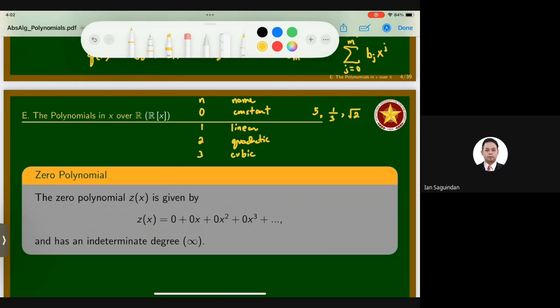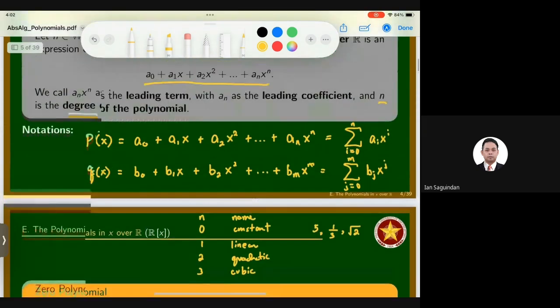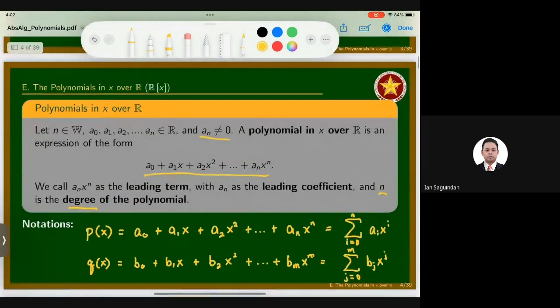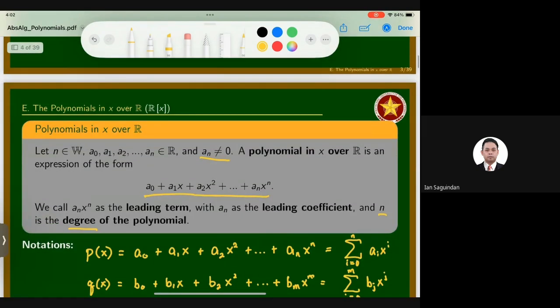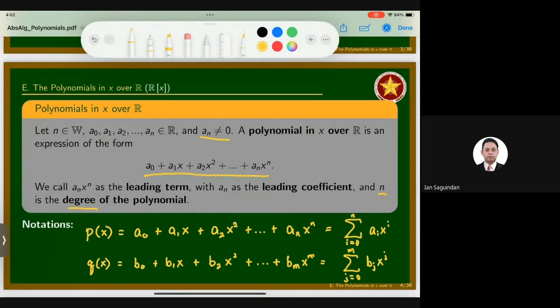Okay, moreover, we will be using this symbol to represent the set of all polynomials in x over R. Whatever the degree of the polynomial, even if it is the zero polynomial, we will be using this notation. So we have the set of all real numbers and then affixing square bracketed x.